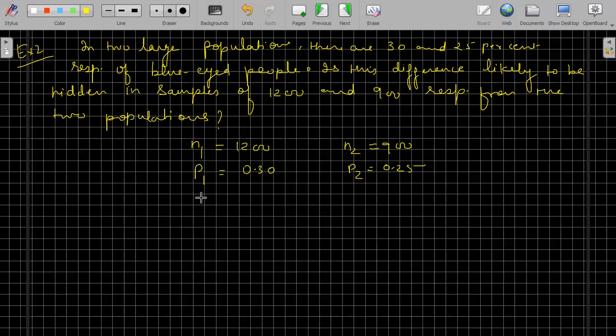So the null hypothesis would be that in two populations there is no difference in the number of people having blue eye. So P1 is equal to P2, where H1 is P1 not equal to P2.